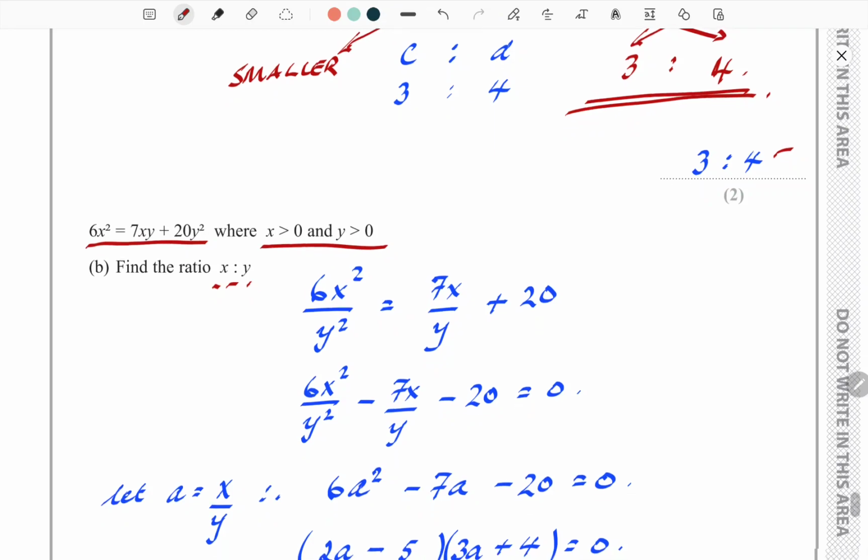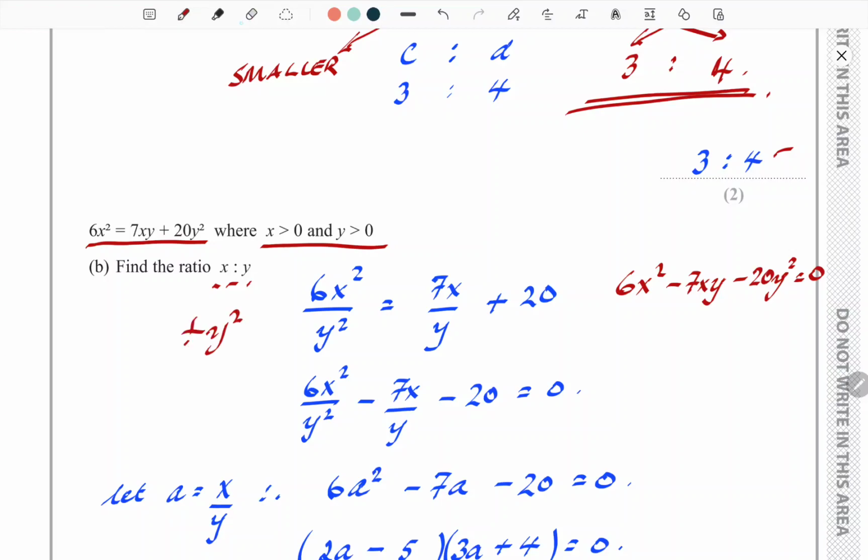What we're going to do, and you can do either step, doesn't matter which way you do it, you can either move everything to one side first, so that minus 7xy minus 20y squared equals 0. Or, as I've done, I've divided everything by y squared first.